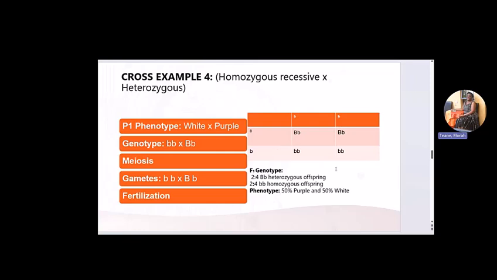When you cross using the same method, the offspring will be these. The genotype, 2 out of 4 will have capital B and small b, which is heterozygous, and also another 2 will have 2 small letter b's, which are homozygous. So these are examples of monohybrid cross.